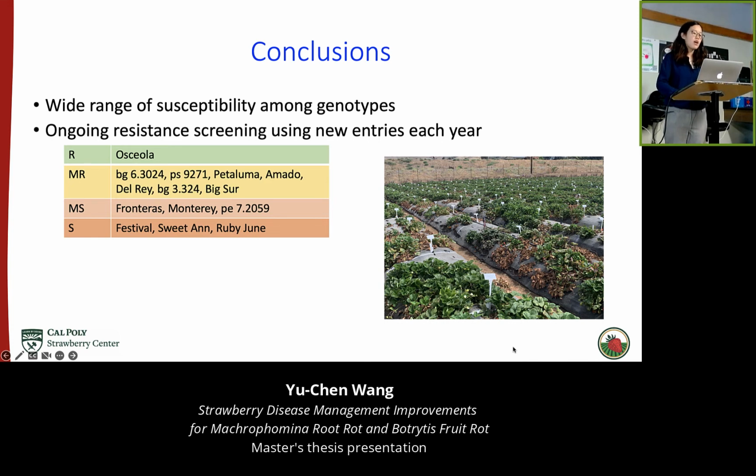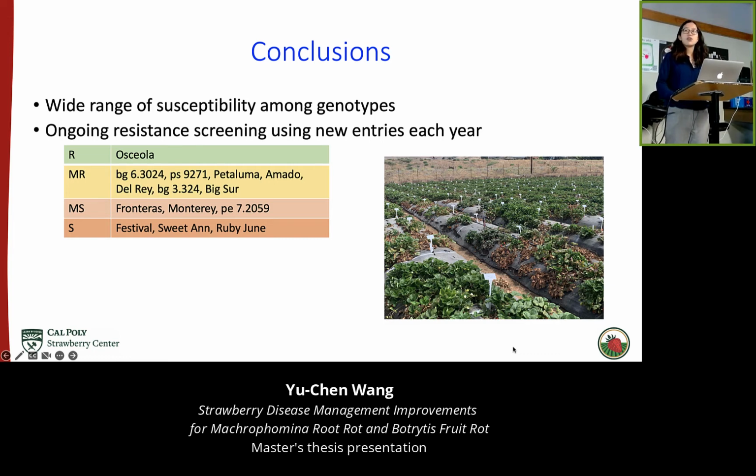Some of them are in the resistant or moderate resistant category, but notice that no complete resistance exists in this trial. Since we continue getting new genotypes from the breeders, and the breeder is combining soil-borne disease resistance data with other horticultural traits, our resistance screening should be ongoing for those genotypes for more years.